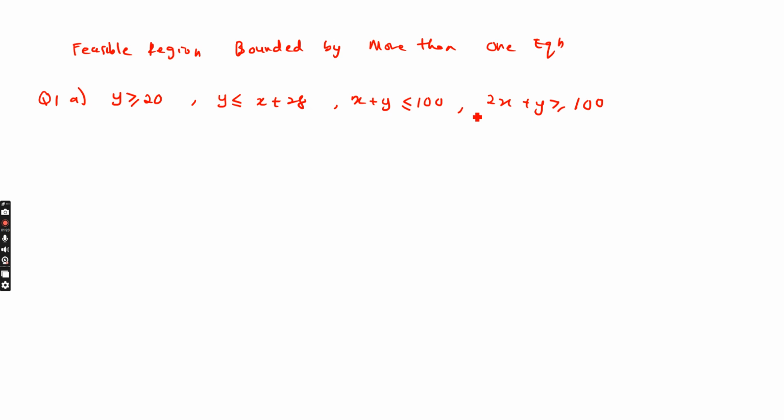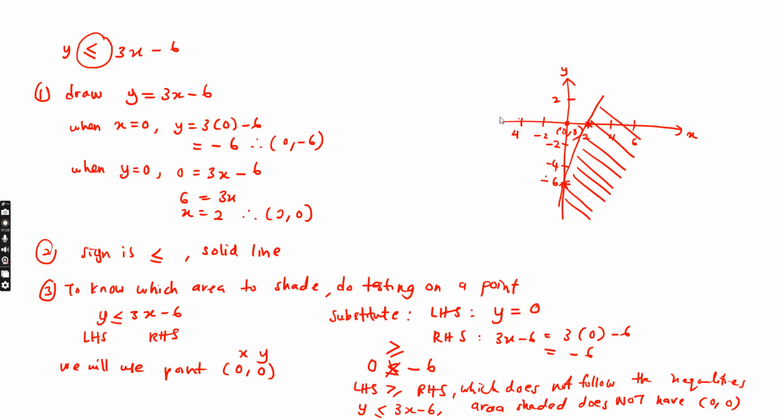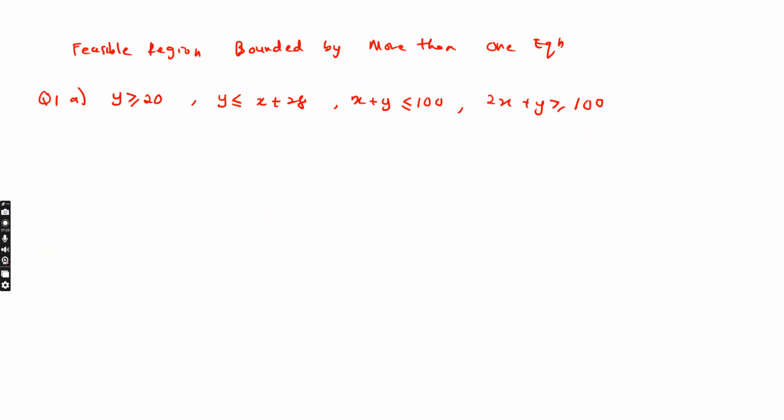We need to draw each of the graphs, just like how we drew our graph here. Luckily the equations they give us are all linear graphs, so easy for us to draw.